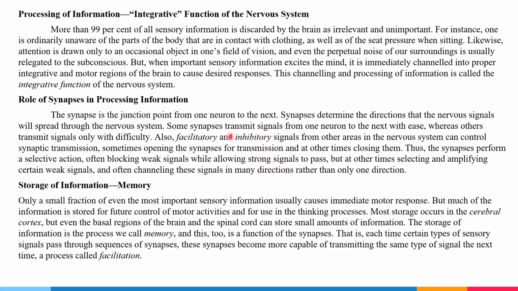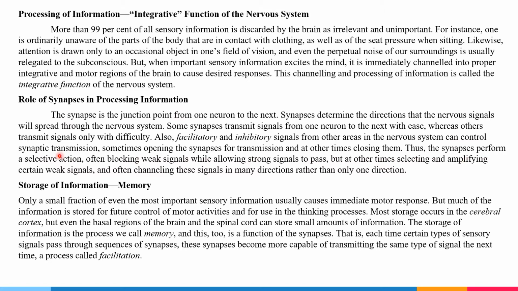Some synapses transmit signals from one neuron to the next with ease, whereas others transmit signals only with difficulty. Also, facilitatory and inhibitory signals from other areas of the nervous system can control synaptic transmission, sometimes opening the synapses for transmission and at other times closing them.